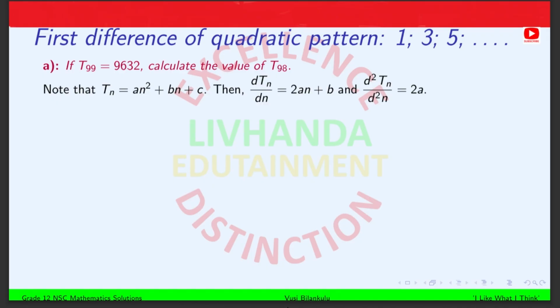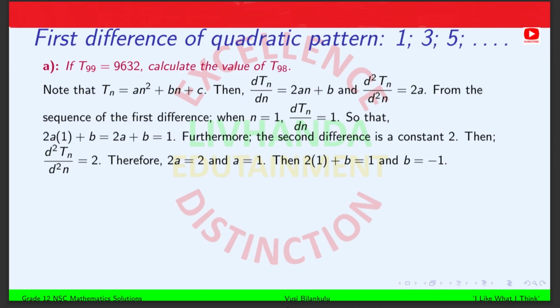Notice that the first derivative of the general term with respect to order of the term is equal to 2an plus b, and then the second derivative of the general term with respect to order of the term is equal to 2a. Also note that at n equal 1, the first derivative equals 1 from a given sequence.